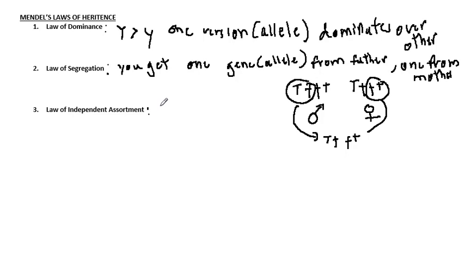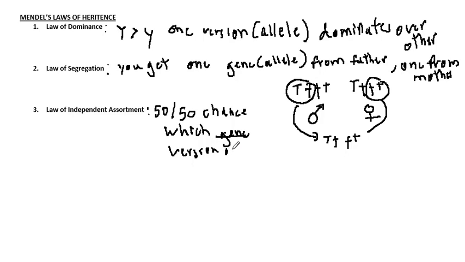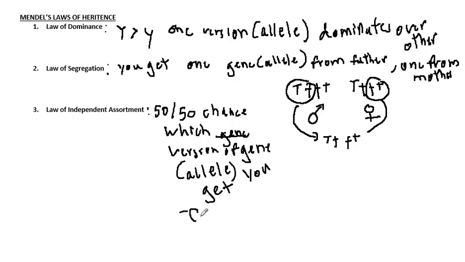Law of assortment is it's 50-50 chance which gene, I should say which version of gene, which is the same thing as saying allele, you get. Okay, coin flip. The idea is they thought at once that this might affect, like a dominant might affect the recessive, but it doesn't.